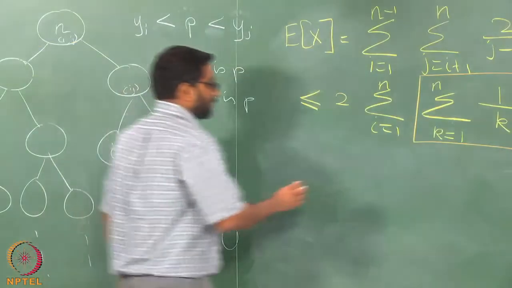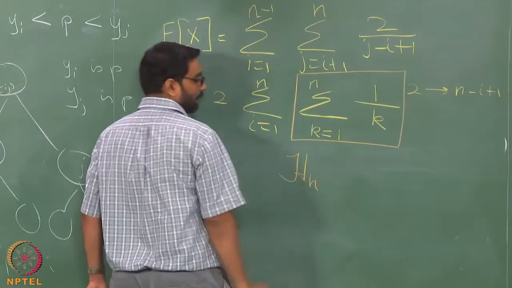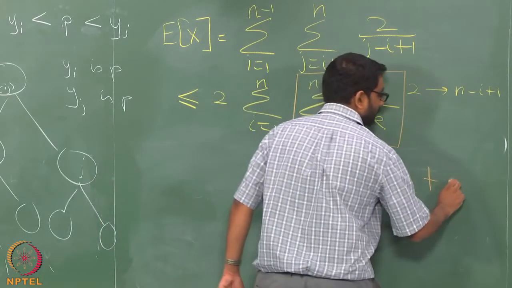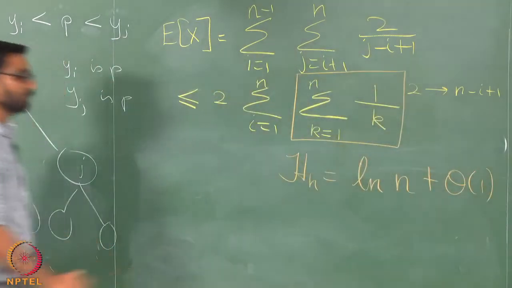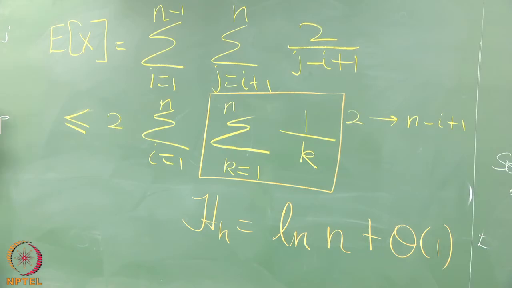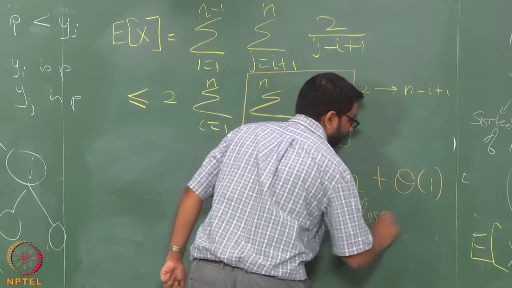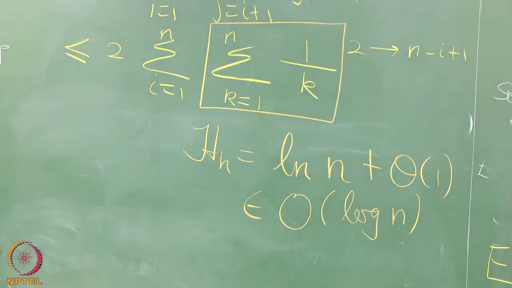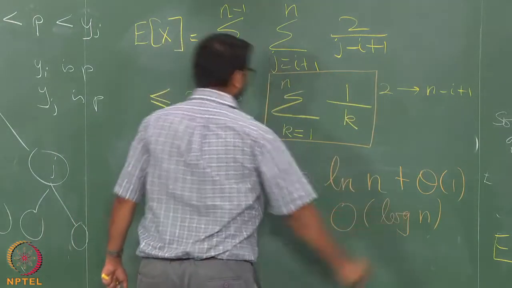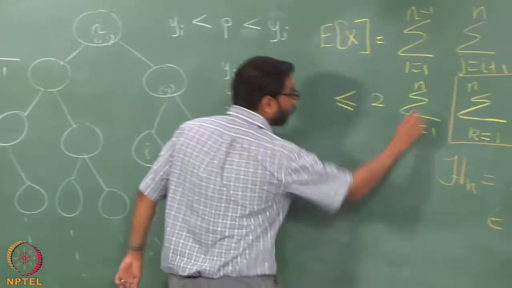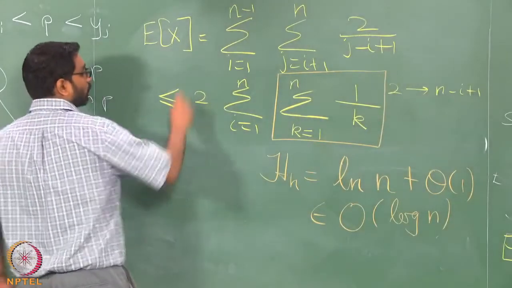This is denoted Hn, and this is equal to ln n plus theta of 1. This is a known quantity, and so essentially this is O of log n. What is within this box is an O of log n quantity, and we are summing it n times, times 2.